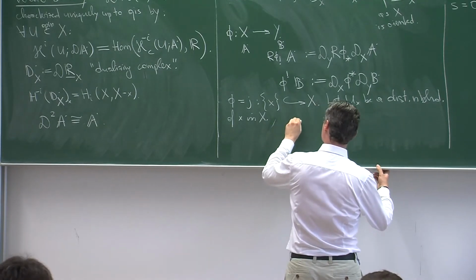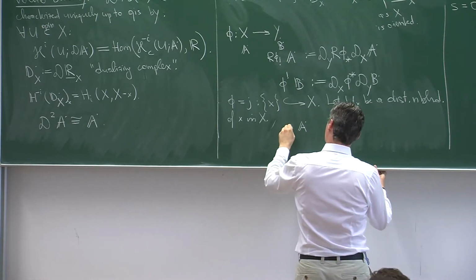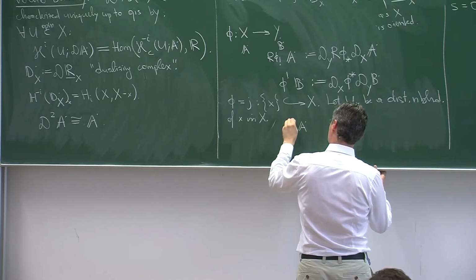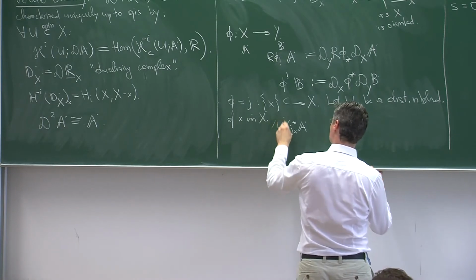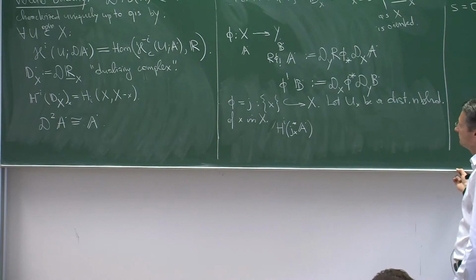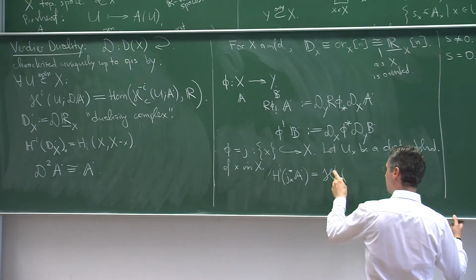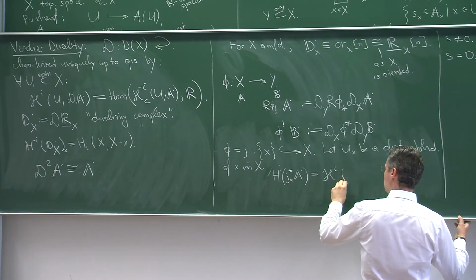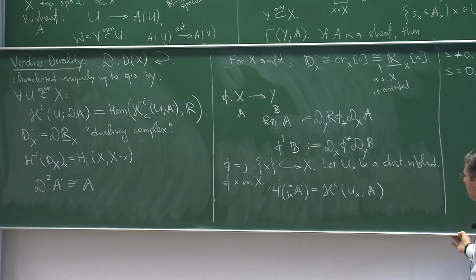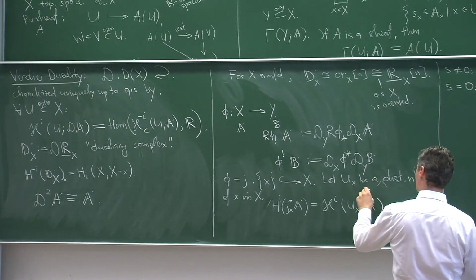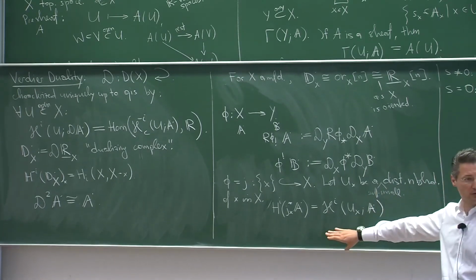If you have a complex A on X, and you apply Jx star, and then you want to know what the cohomology of this is, then this is the same as the hypercohomology of degree I over Ux with coefficients in A. I should say, take a sufficiently small distinguished neighborhood, and then this is true.